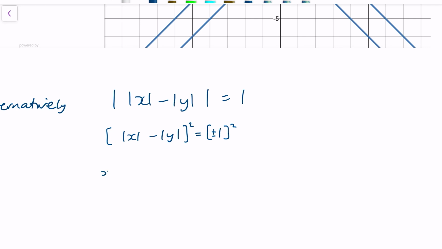And then if I squared again, I'm going to get x squared minus 2 lots of the absolute value of x times the absolute value of y plus y squared. Oopsies, the absolute value of x squared is x squared, and the absolute value of y squared is y squared.